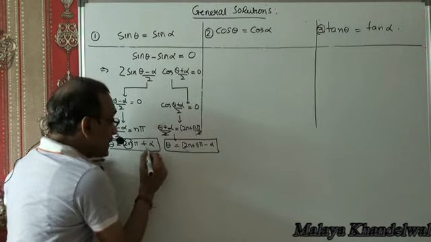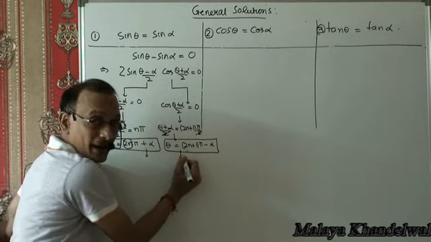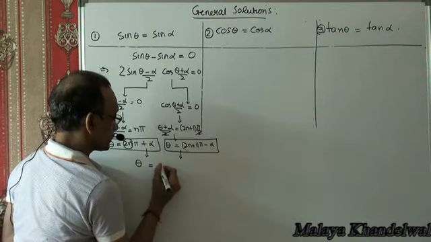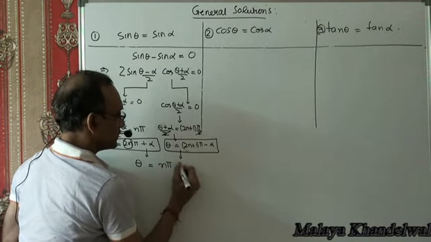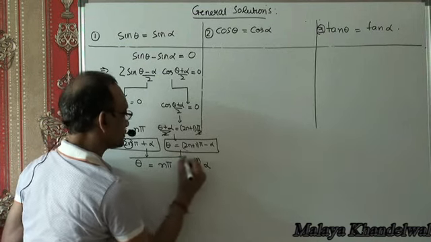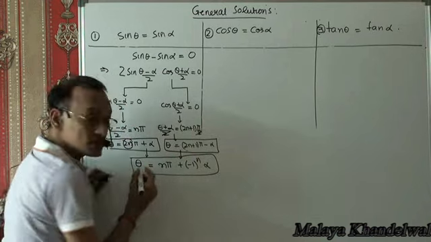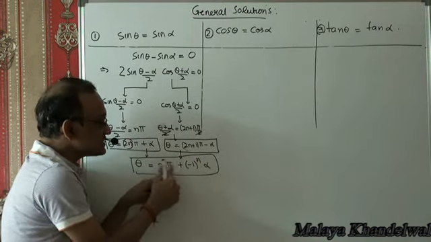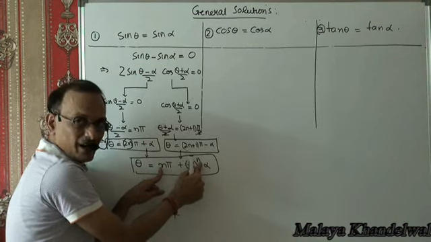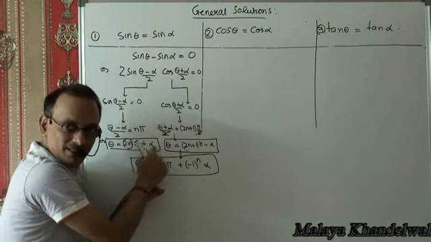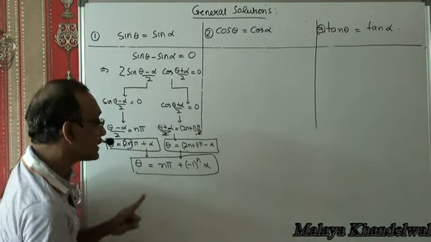So if I have to combine these two, this is like theta equal to n pi plus minus 1 to power n alpha is what I get. Because realize, when n is even, that is this case, minus 1 to power n will become plus 1. So even multiple of pi plus alpha, that's how you should read this, right?